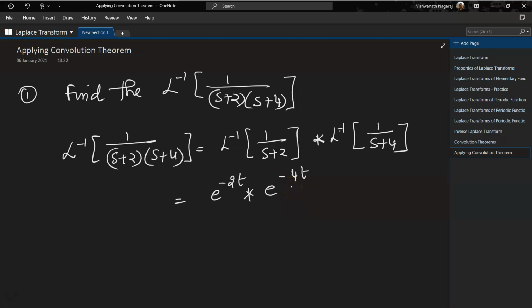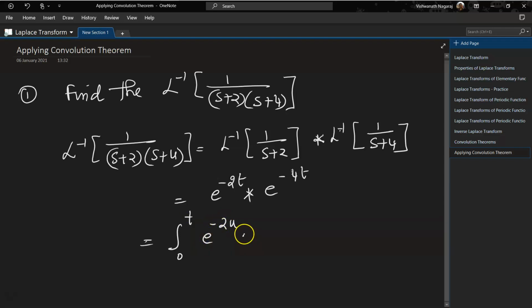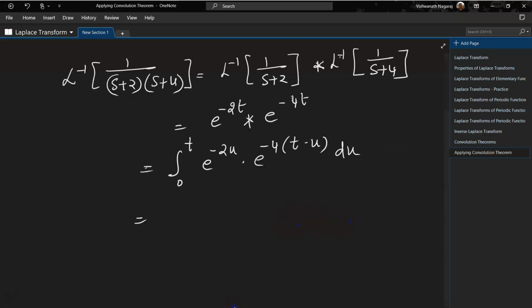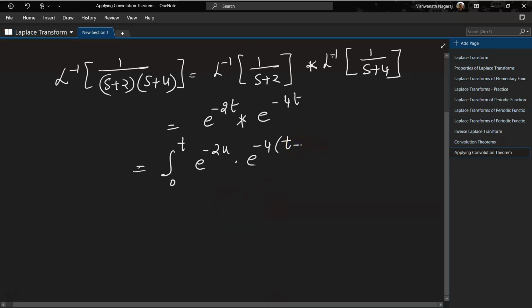Okay, now let's apply the convolution. That would be the integral from 0 to t of e to the power of minus 2u times, normal multiplication, e to the power of minus 4 times (t minus u) du. Now this we can combine: e to the power of minus 2u minus 4(t minus u).